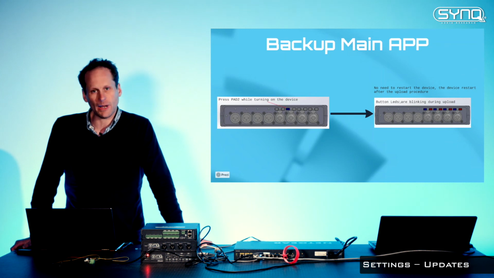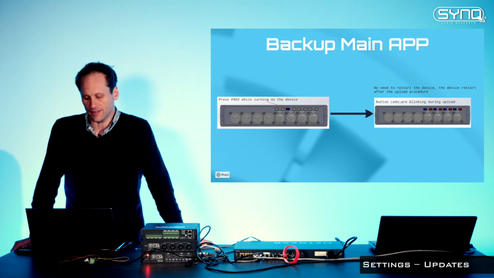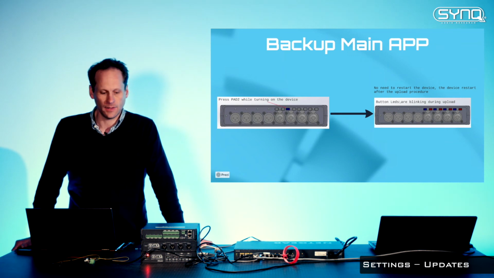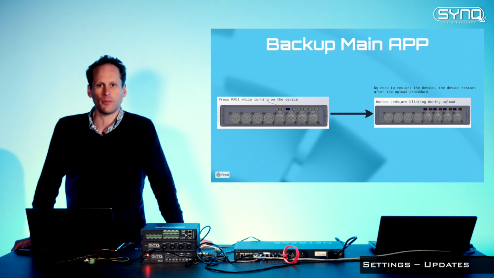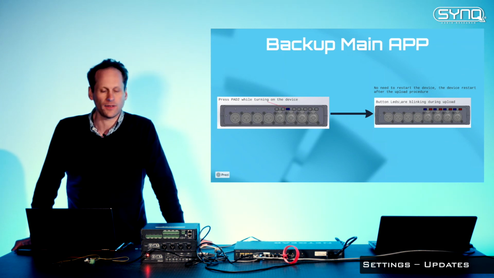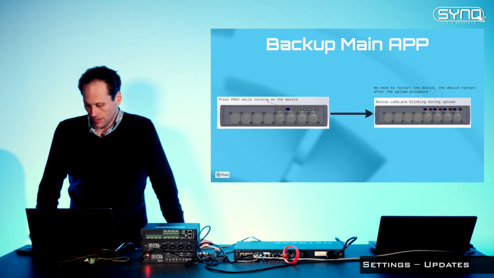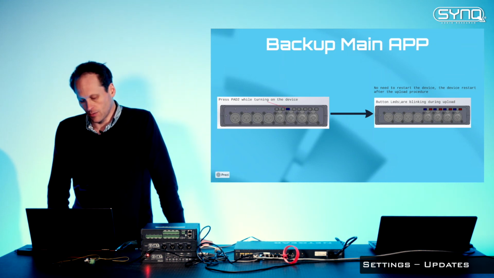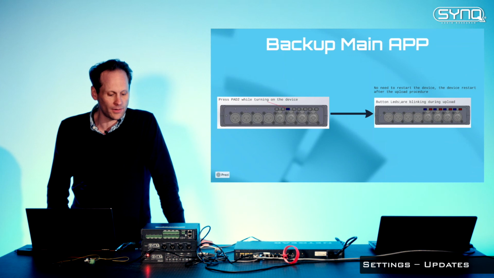If you want to go back to the previous software, it's quite easy. You press pad 2, you turn on the device, the LED will blink, and you will use the previous software as the main software. So you will never be in trouble in the field because of a firmware update or any kind of problem that could happen to the software loaded on the device.